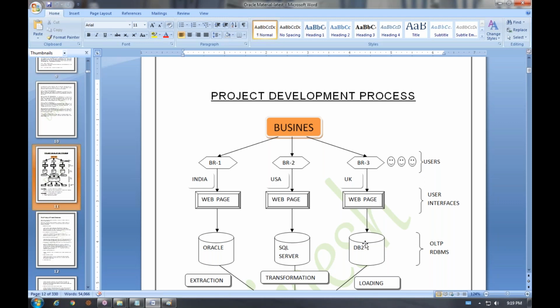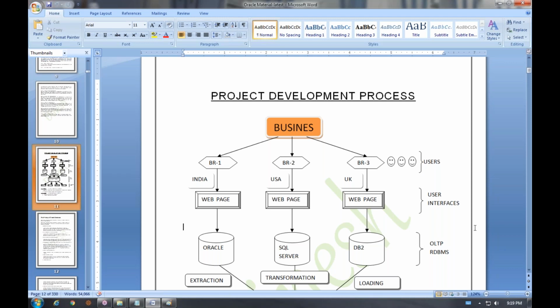Then 100,000 records, millions, trillions of records. So if data is increasing, automatically data search time is increasing. If search time increases more and more, the customer will not be satisfied with the speed of your database server.